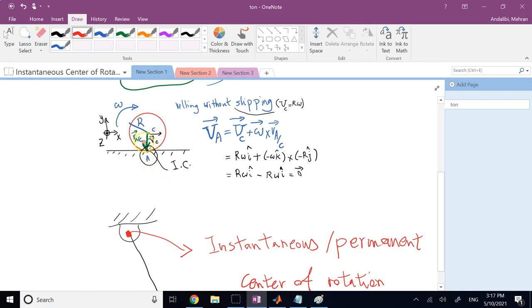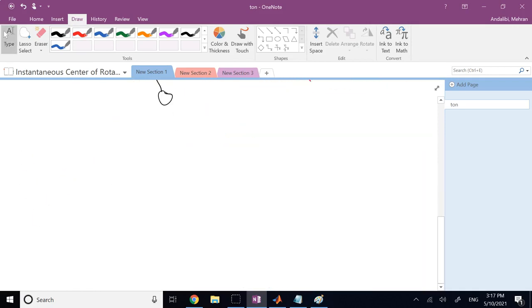Now, the instantaneous center for a rigid body is not always on the rigid body. Sometimes it might fall outside the rigid body, and I'll show you that. Could you tell me where something like that happens?